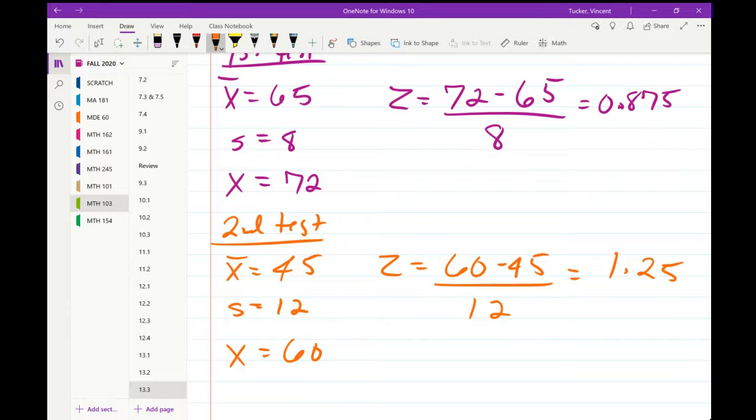So 60 minus 45 divided by 12. And remember the symbolism here, I use sample. I didn't have to, I could use population, but remember it doesn't matter what it is. You're looking at the data value minus the mean over the standard deviation. So that's all that matters when it comes to your z-scores, that you remember that relationship. It's your data value minus the mean over the standard deviation.